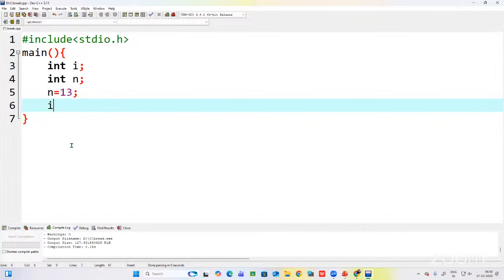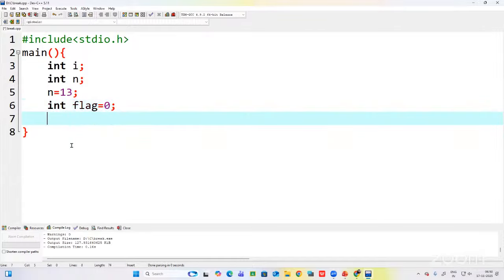And again, I'll use another variable called flag, which is initially set to 0.